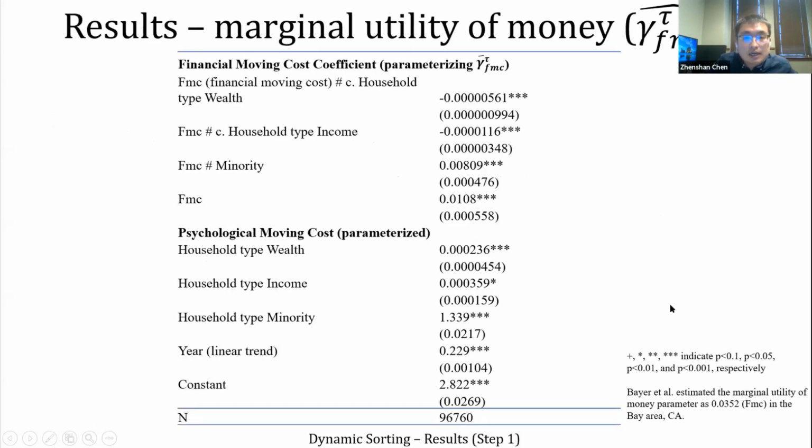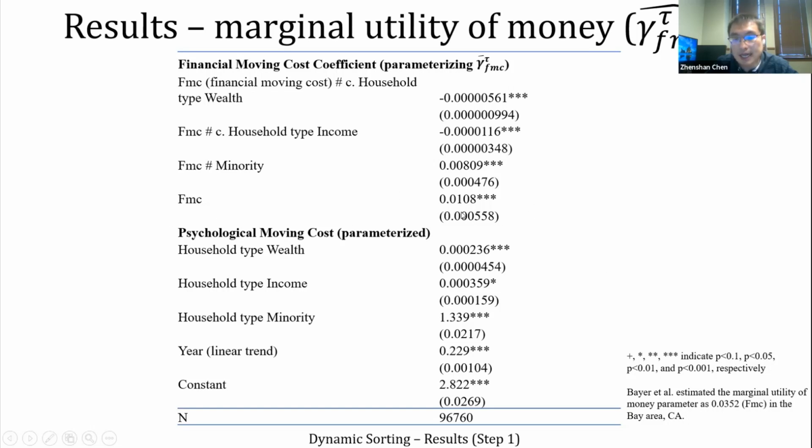Okay, so following are some results. The first set of results are the marginal utility of money estimates. The parameter to be noticed is FMC. That's basically the marginal utility of money. That's a baseline.